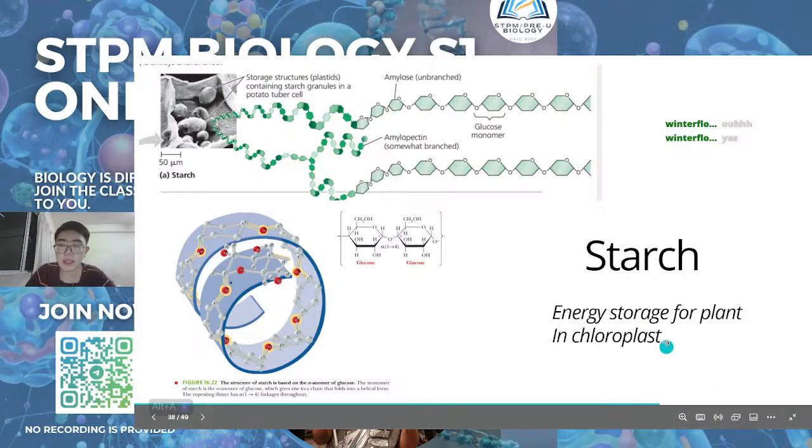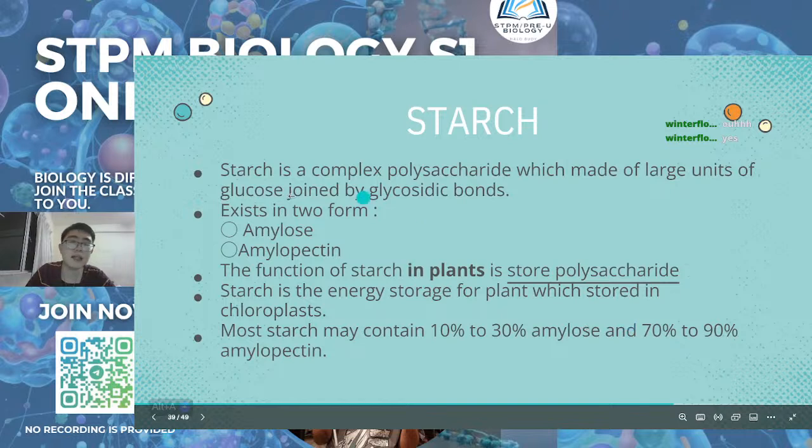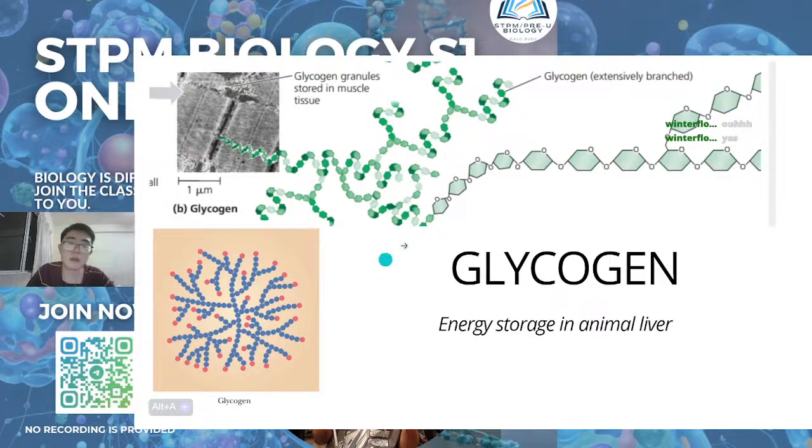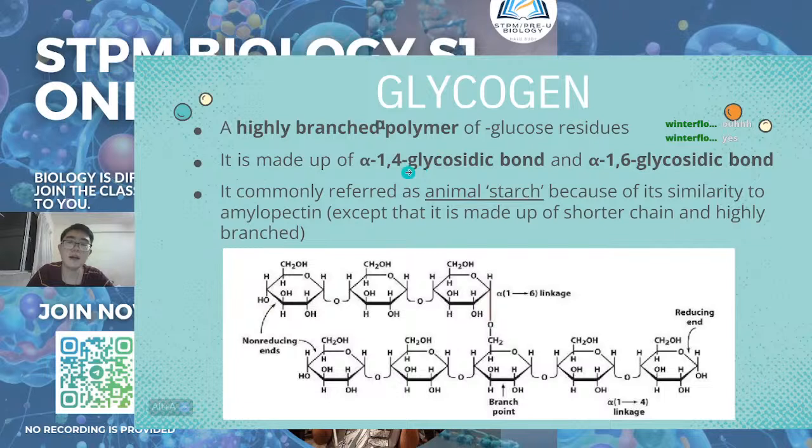So normally starch is the energy storage for plants. It exists in two forms, amylose and amylopectin, but generally it is amylose. Okay. But glycogen is normally very highly branched because it contains alpha 1,4 glycosidic bonds, and it is the animal starch. Because we animals, humans, store the energy in the form of glycogen, not starch.